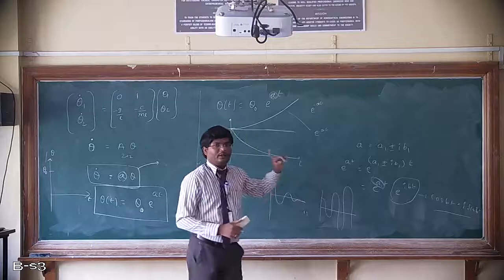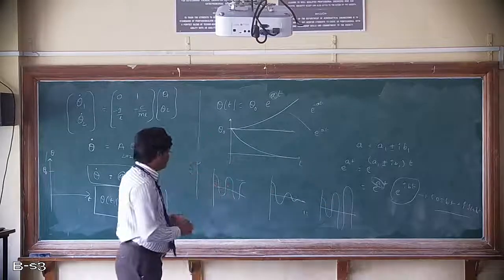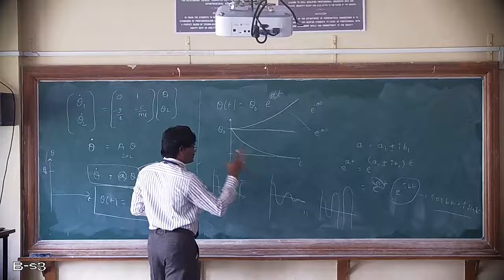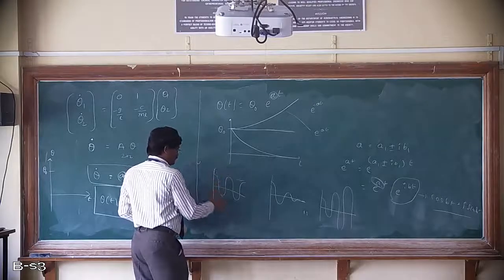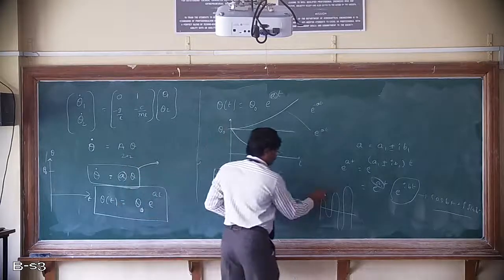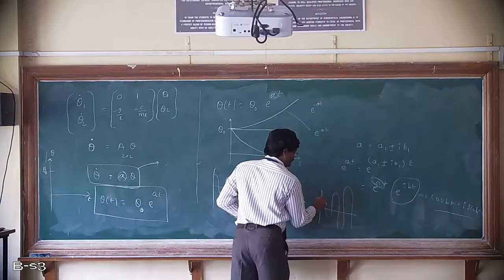If the real part of the complex number is positive, then what will happen? The oscillations will increase with respect to time, like this.